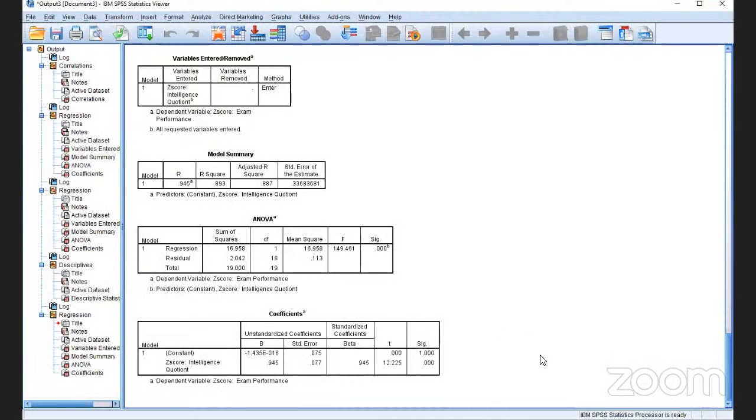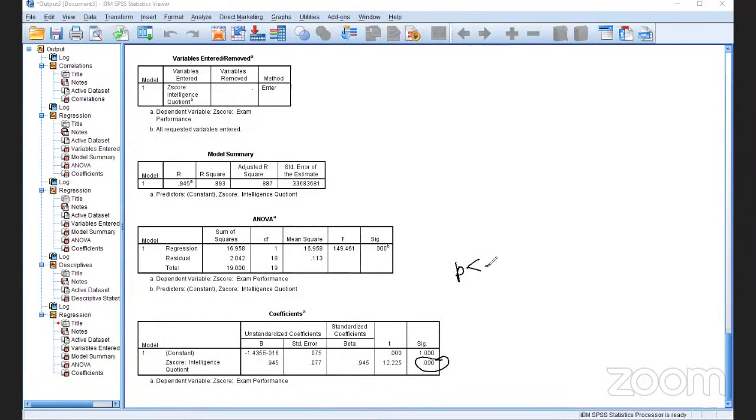In the coefficient table, we can see the relationship between the two variables. Not negatively related, sorry; the p-value is less than 0.05.